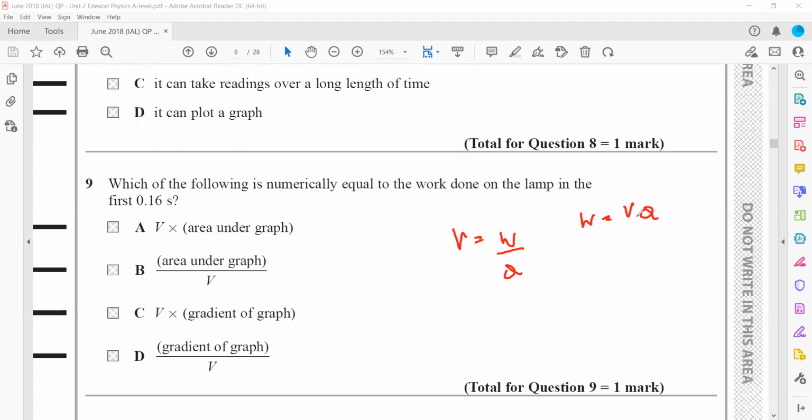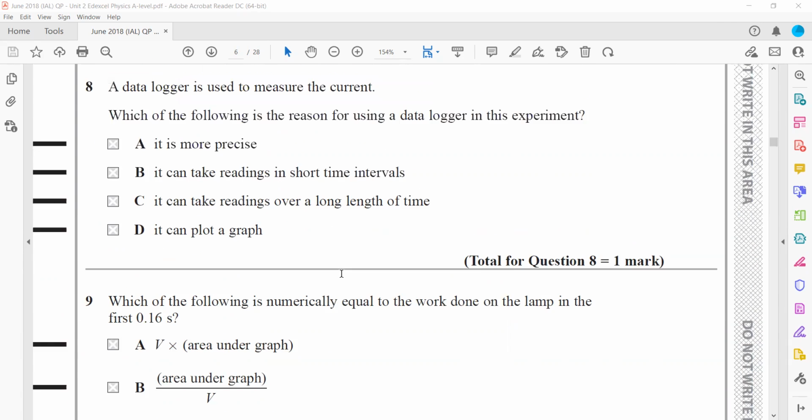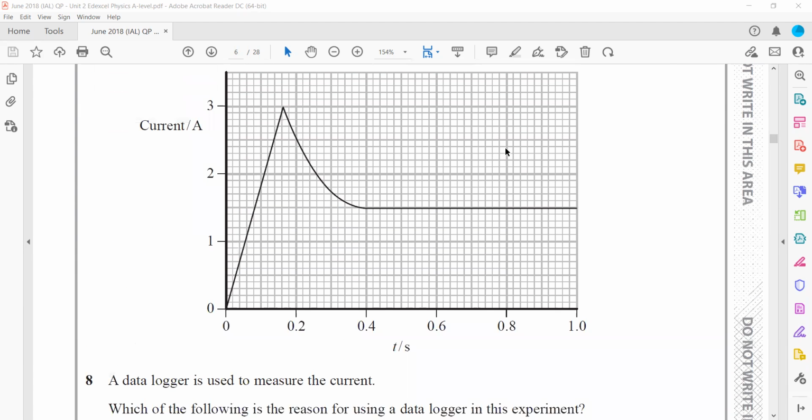In the question, they already mentioned the first 0.16 second. So for the first 0.16 second, work done is equal to voltage into charge.